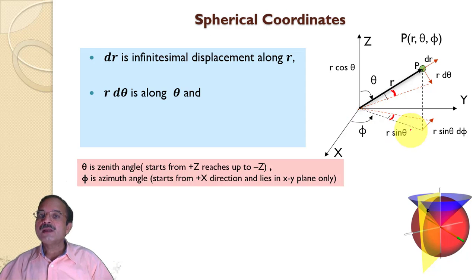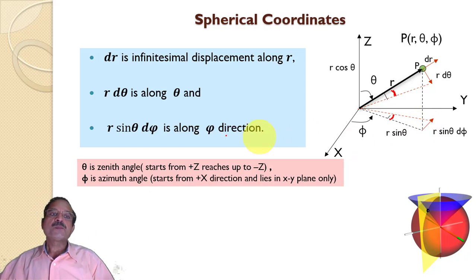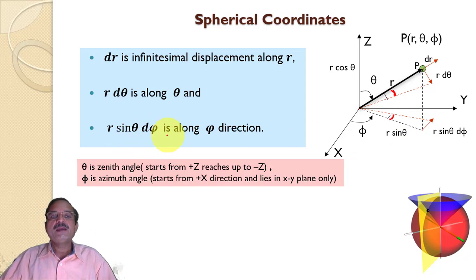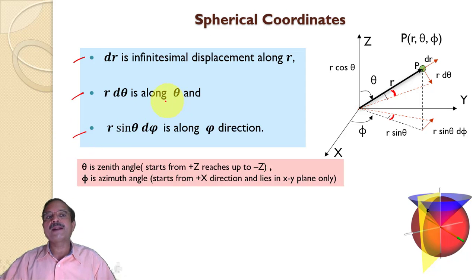So, r sin theta multiplied by d phi is the differential length in the phi direction. Again I repeat, dr is the differential length in the r direction, r d theta is the differential length in the theta direction, and r sin theta d phi is the differential length in the phi direction.